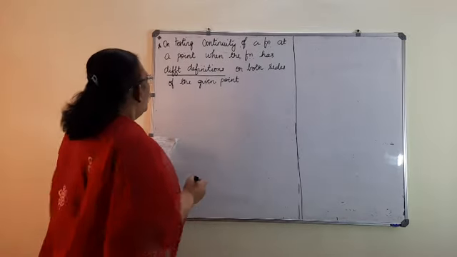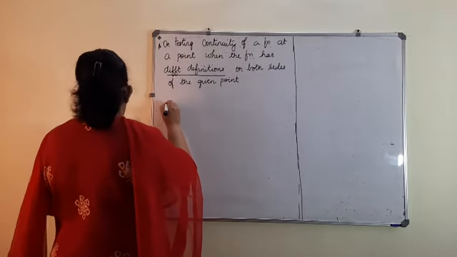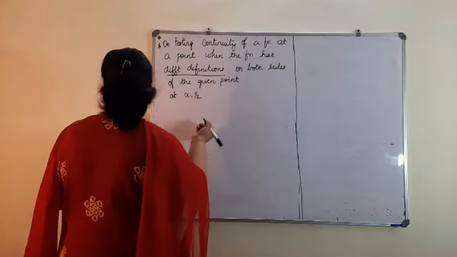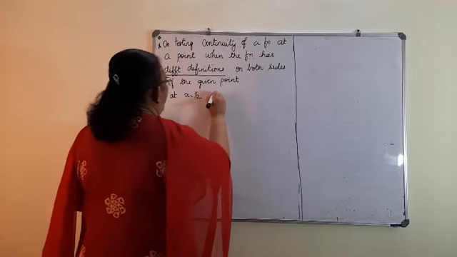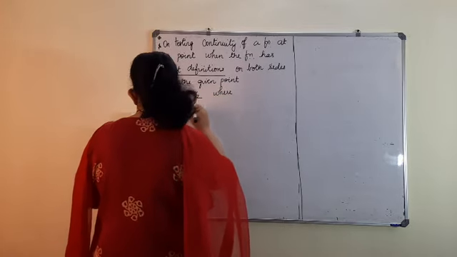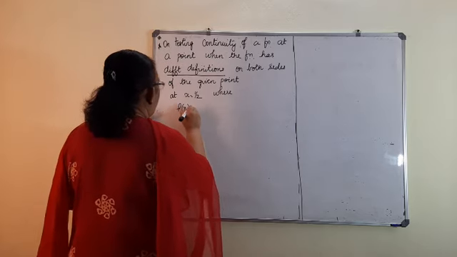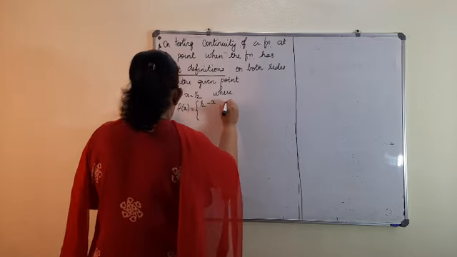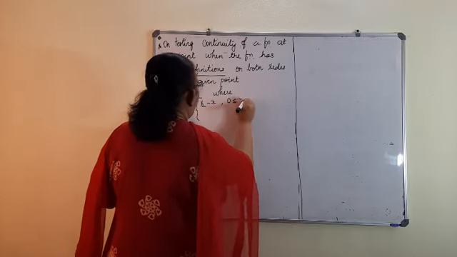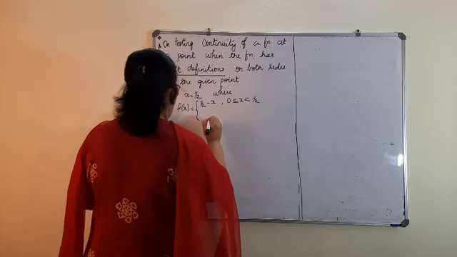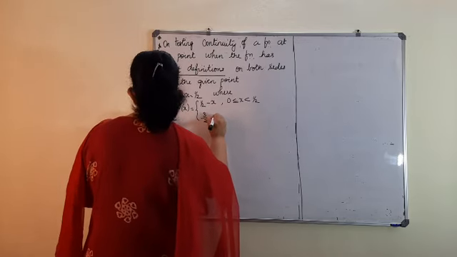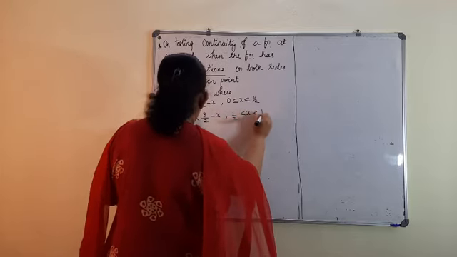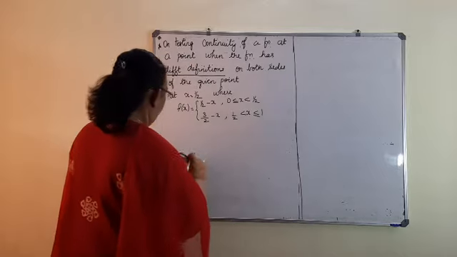Take down the question. Discuss the continuity at x is equal to 1 by 2, where f of x is equal to 1 by 2 minus x, for 0 less than or equal to x less than 1 by 2, and 3 by 2 minus x, for 1 by 2 less than x less than or equal to 1.